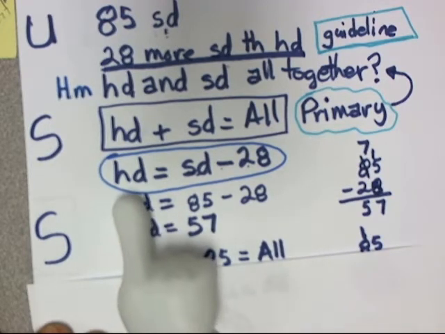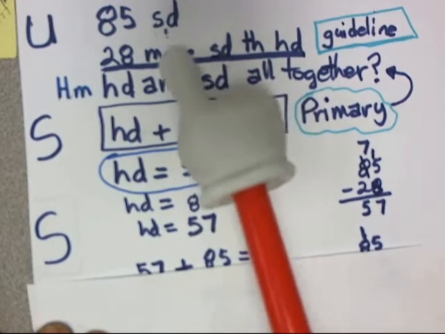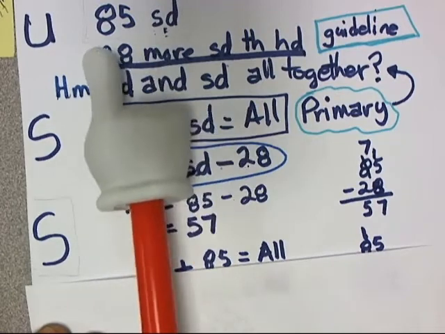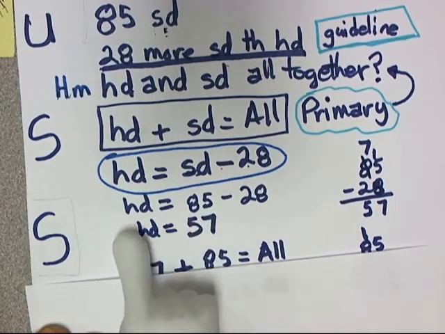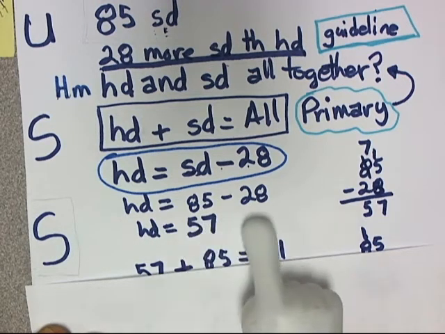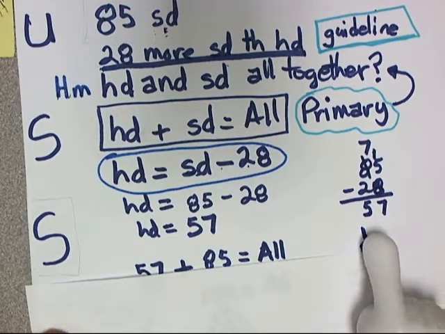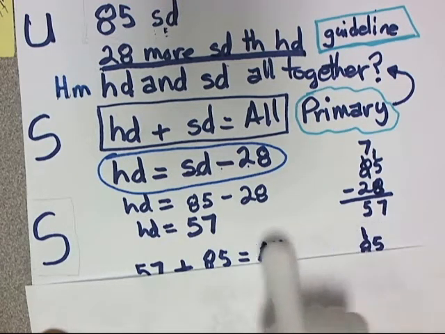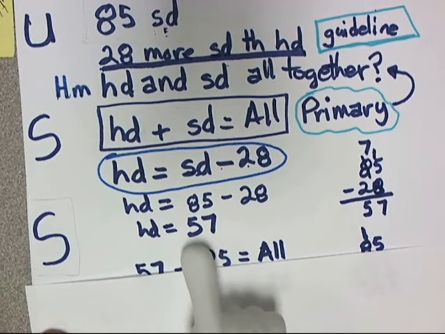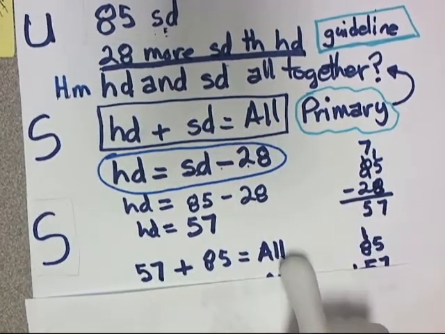which is hot dogs equals sausage dogs minus 28. We see up top that there are 85 sausage dogs, so we will plug that in, which gives us hot dogs equals 85 minus 28. I will do the math over on the side, and it gives me 57. Now that I know that the hot dogs equals 57, I will plug it into the primary equation.